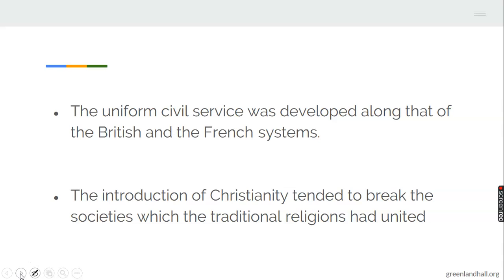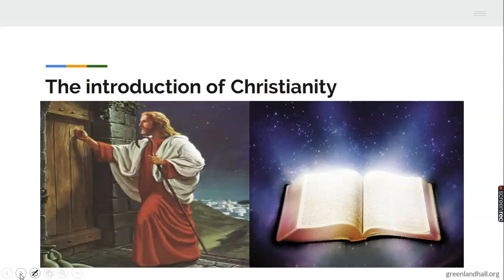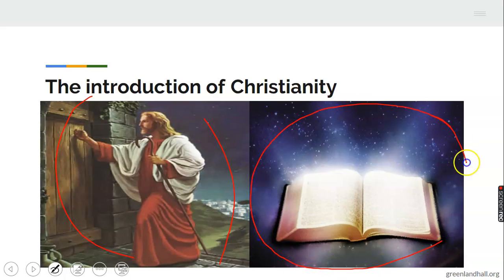Christianity came alongside colonialism. So they brought the gospel of our Lord Jesus Christ, and they brought the word, the Bible. That was the emergence of Christianity in West Africa.